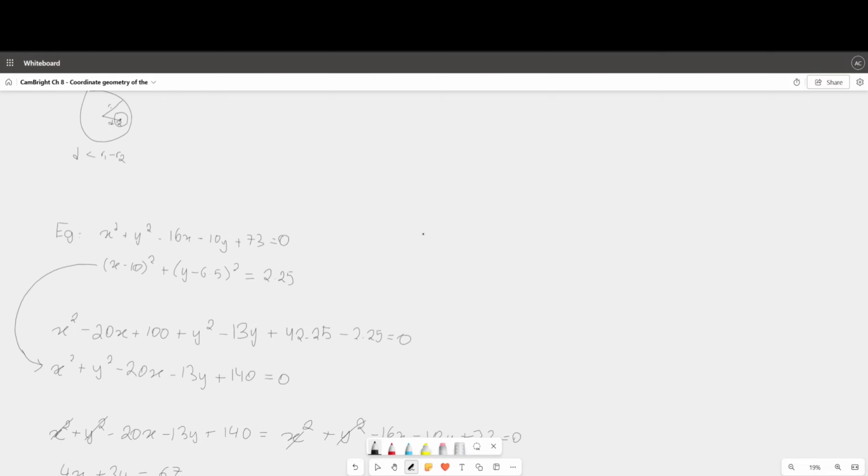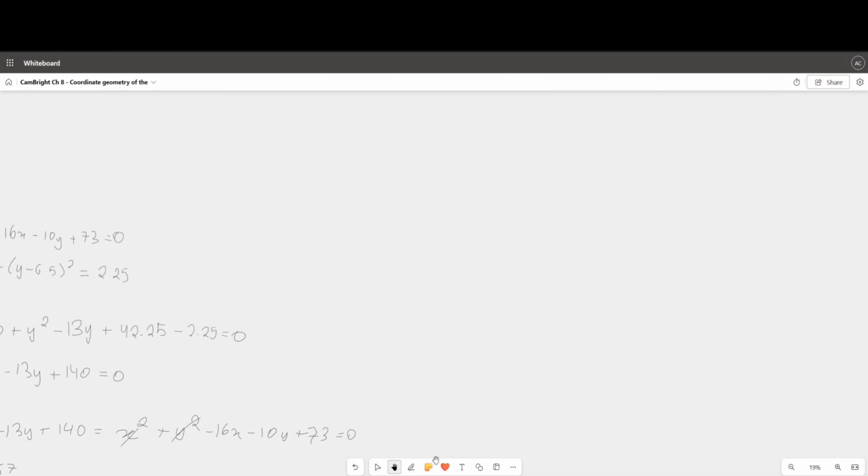So let's simplify it. We have x squared minus 16x plus y squared minus 10y plus 73 is equal to 0. So (x minus 4) whole squared minus 16 plus (y minus 5) whole squared minus 25 plus 73 is equal to 0.